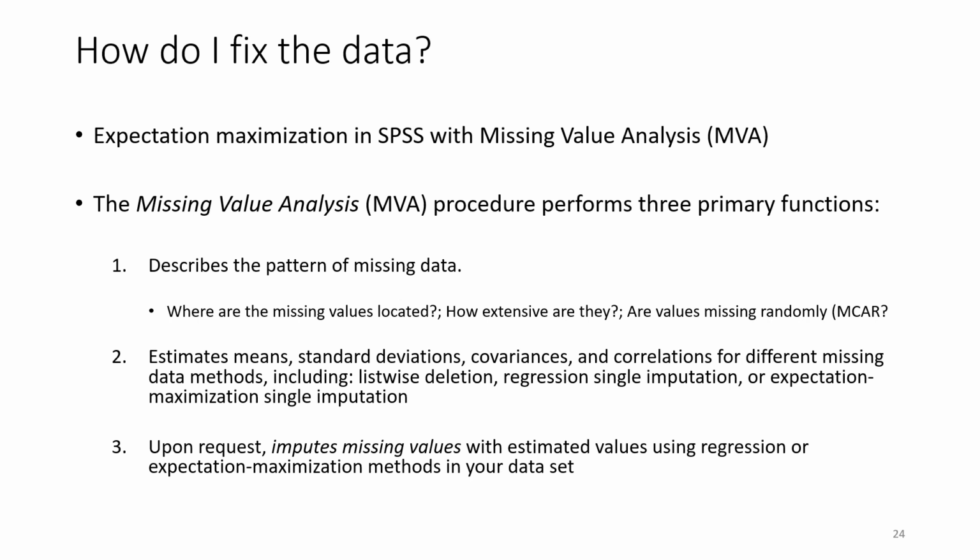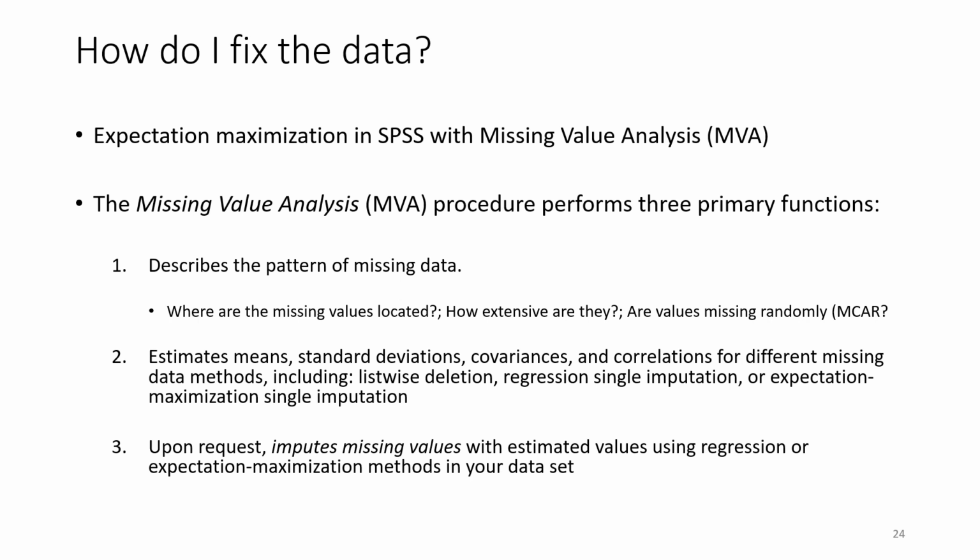The first is to describe the pattern of missing data, including the following: determine where the missing values are located, how extensive they are, and whether the missing values fit the MCAR assumption. So that's the first information that you can get from MVA.